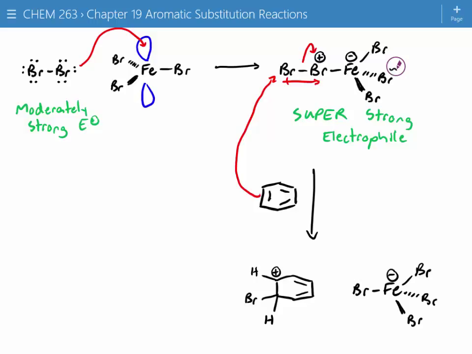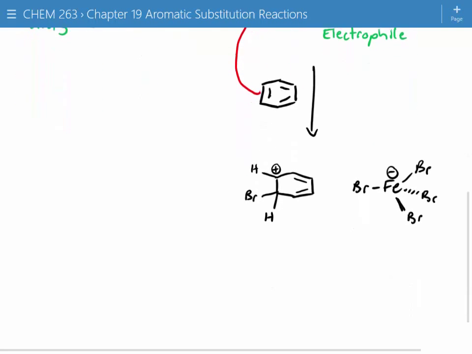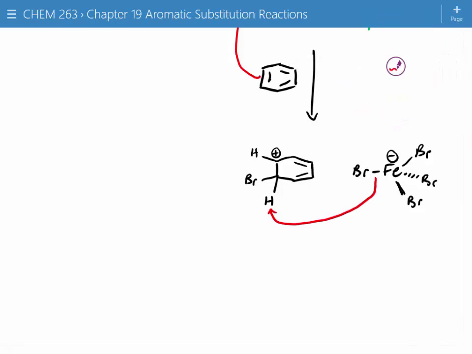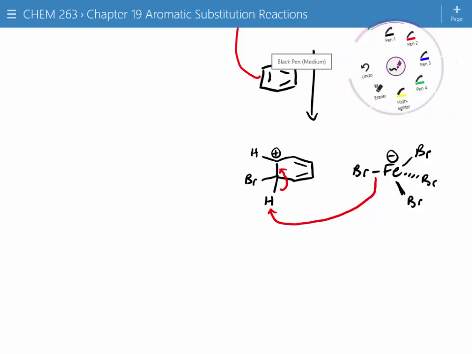Iron's not very happy with that negative charge right now, so it can actually use one of those bromines that's attached to it as a weak base. And so what will happen is one of these bonds will break, come over, grab this proton, clamp down, and we can restore aromaticity.